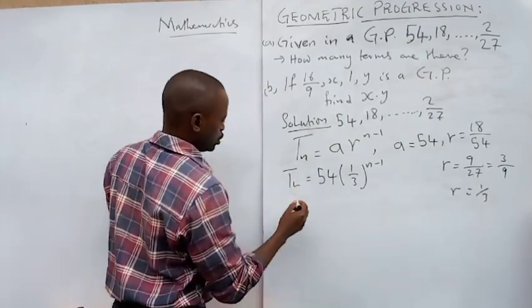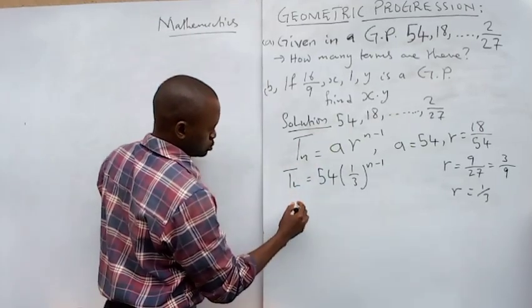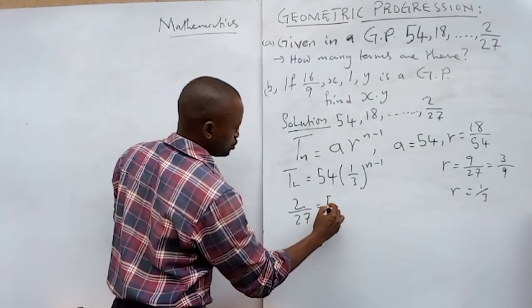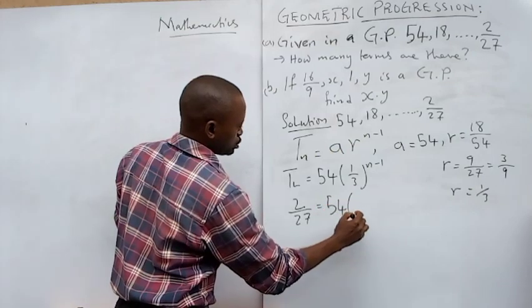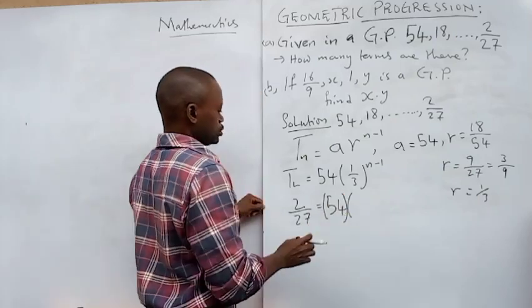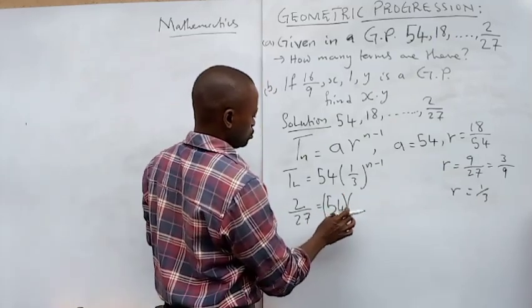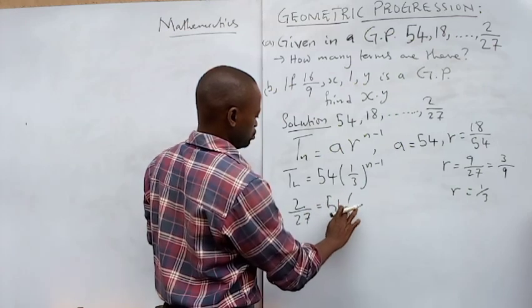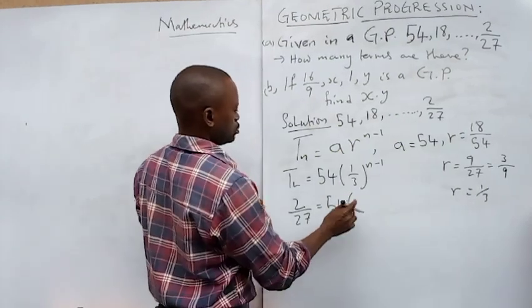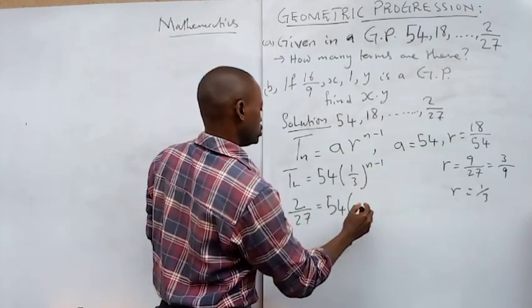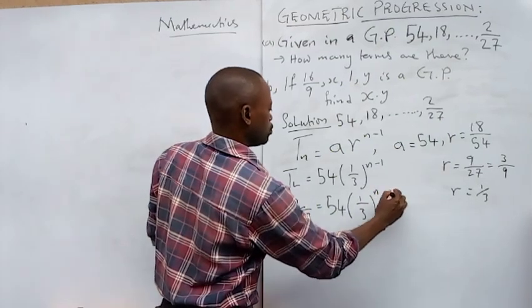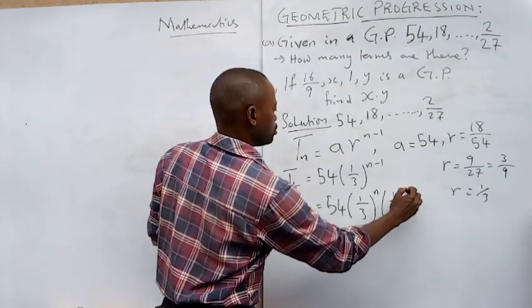So here I will substitute 2 over 27 for T last, so 2 over 27 equals 54 times the bracket. Let me expand this a little bit: 1 over 3 raised to power n, in bracket, 1 over 3 raised to power minus 1.